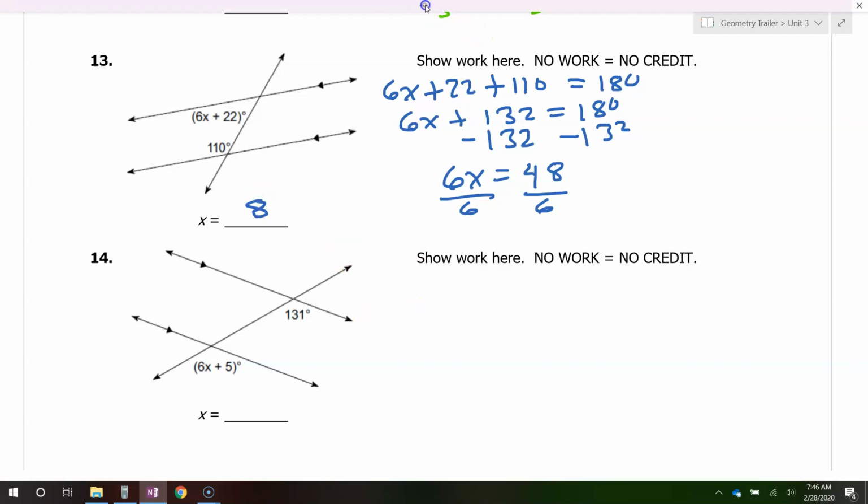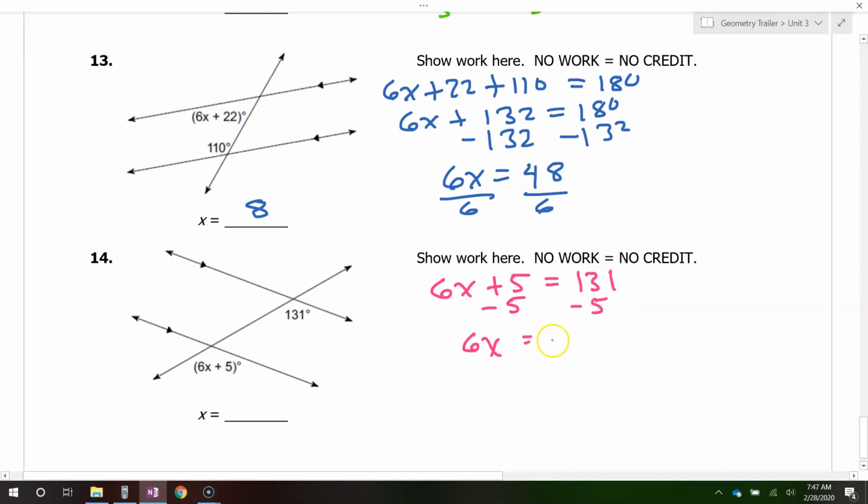All right, last one. These are corresponding angles, so they will be congruent. So I can just set them equal to each other. So 6x plus 5 will equal 131 degrees. If I subtract 5 from both sides, that'll give me 6x equals 126, right?